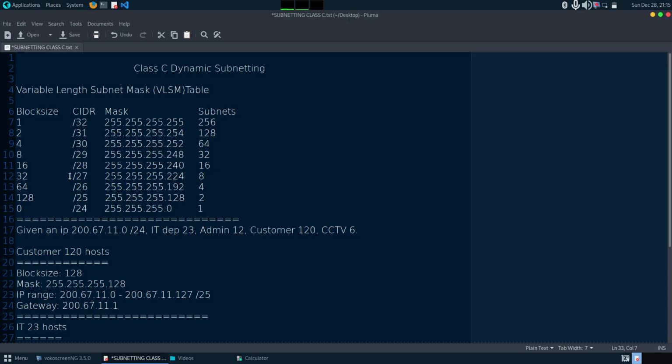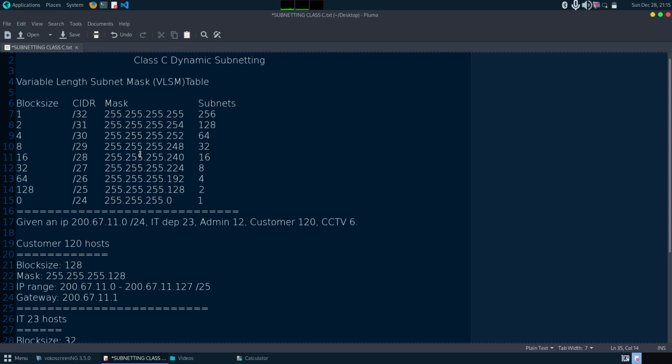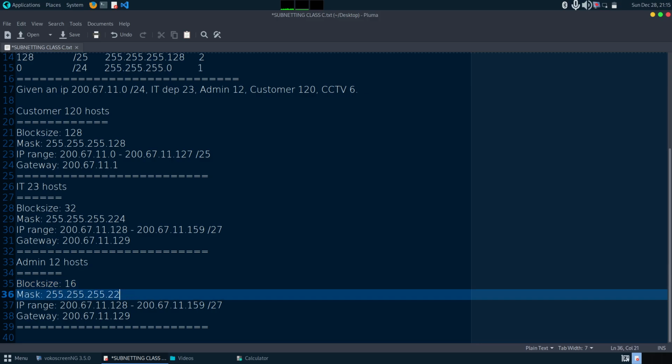So therefore it is 16. The block size that we use is 16, so I'll put 16 here. In line with 16, the mask is 240. So here I'll put 240.